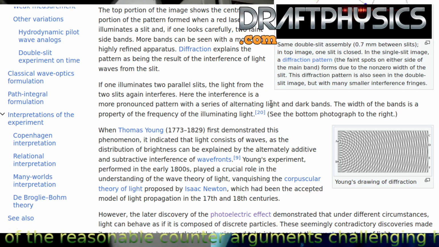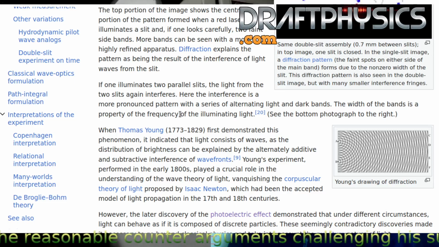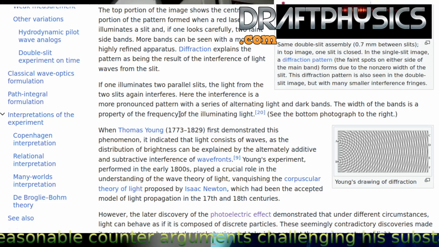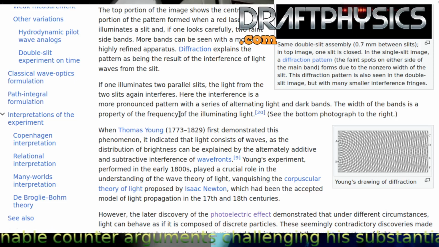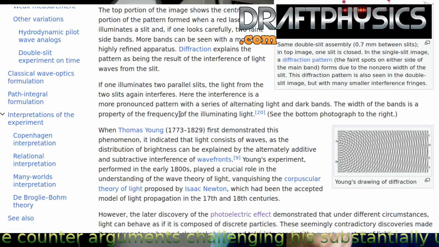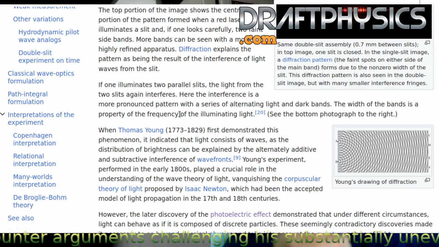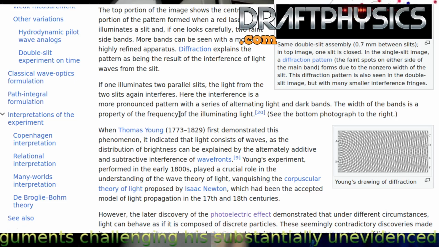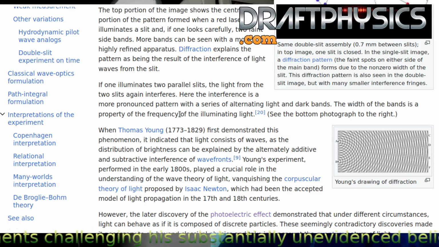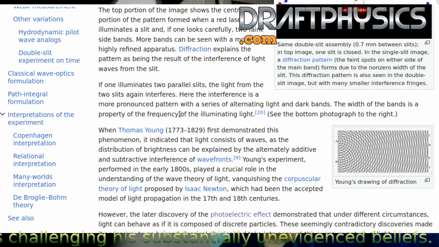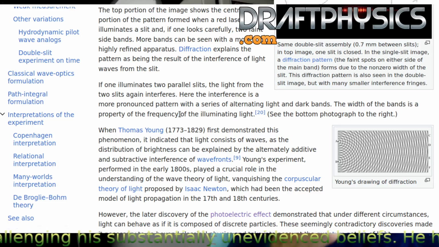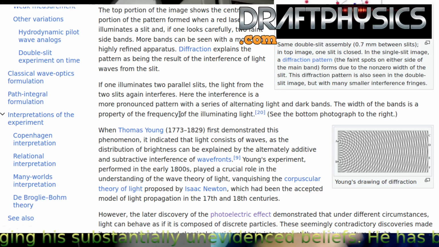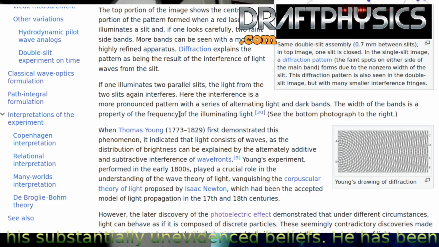The width of the bands is a property of the frequency, when clearly the width of the bands is a more dominant property of the distance between the surfaces. The distance will change the size a lot more than the frequency. You could change the frequency quite a bit, and you'll still have dots that might only be twice as large. I change the distance, I dramatically can change the size of the bars.